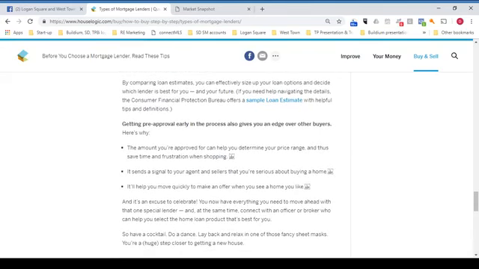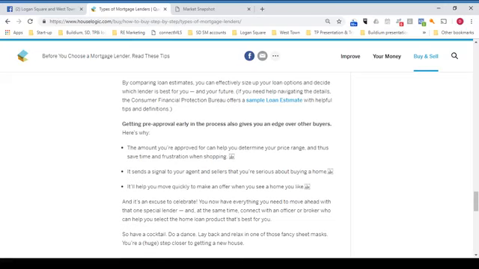By comparing loan estimates, you can effectively size up your loan options and decide which lender is best for you and your future. If you need help navigating the details, the Consumer Financial Protection Bureau offers a sample loan estimate. Once again, check out the link in the full article.